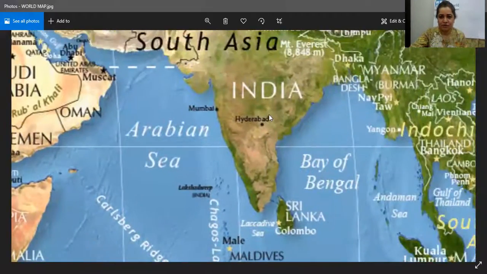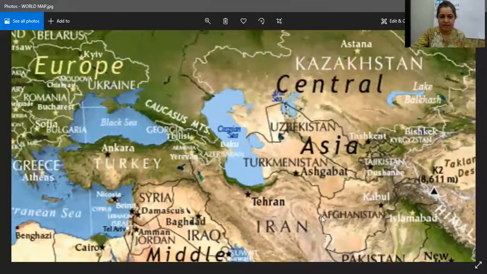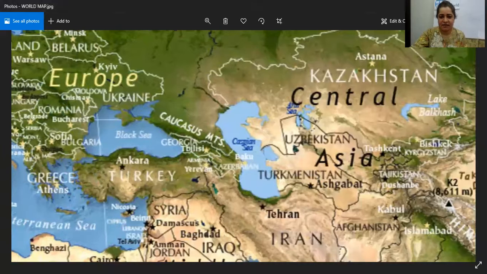I just want you to have a look at this properly: this is Asia, this is Europe. Now this is where Turkey is located. So half of Turkey is in Asia, and half is in Europe, right?